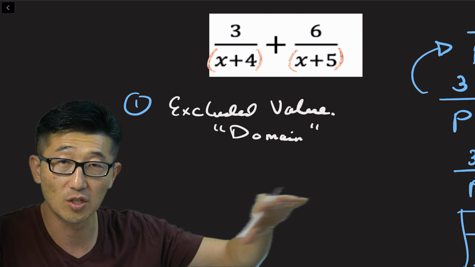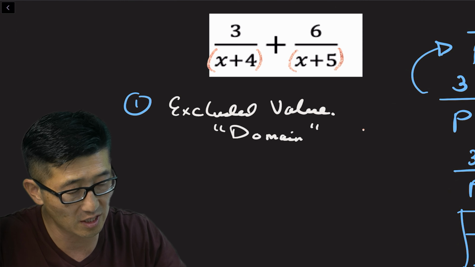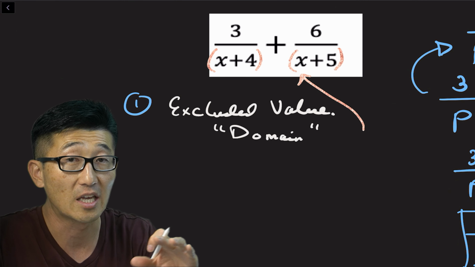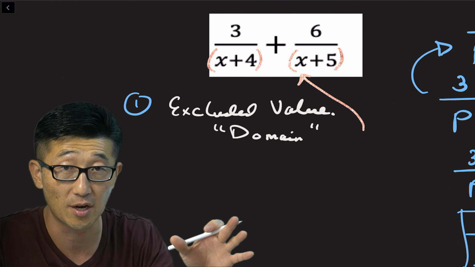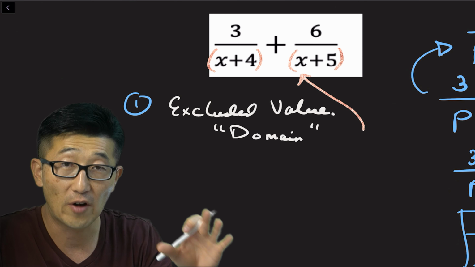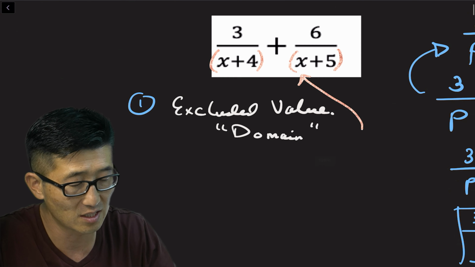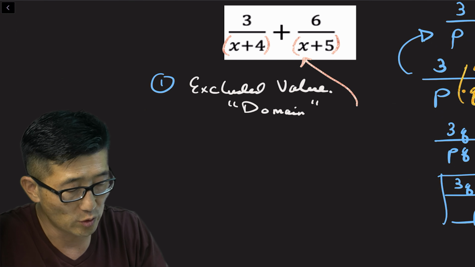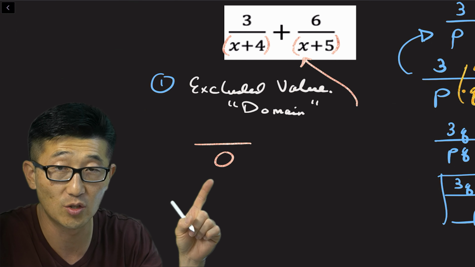You have all these numbers on the number line, and the question is, can you plug in a particular number here, or can you not plug in a particular number there? With regards to fractions, fractions hate zeros. So we never ever want to have a 0 in the denominator.